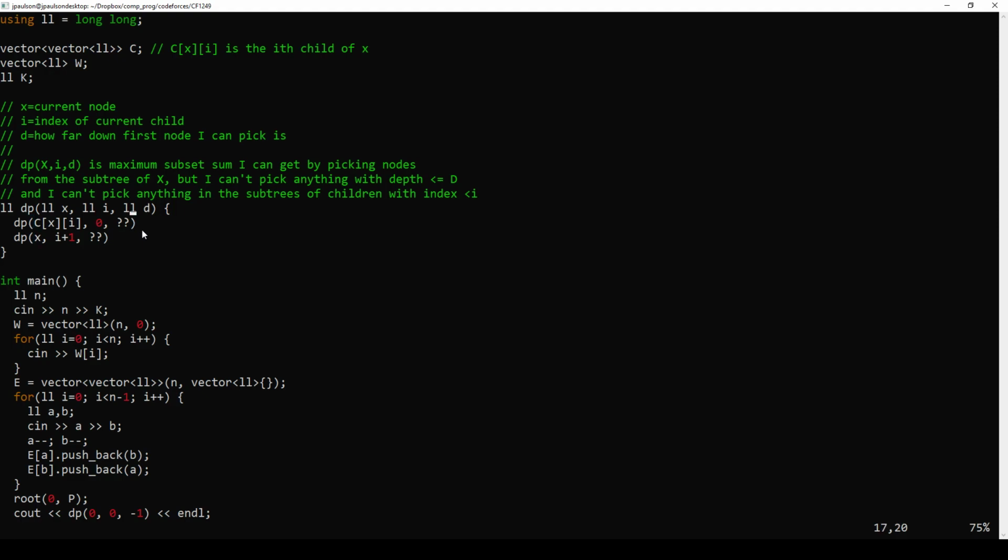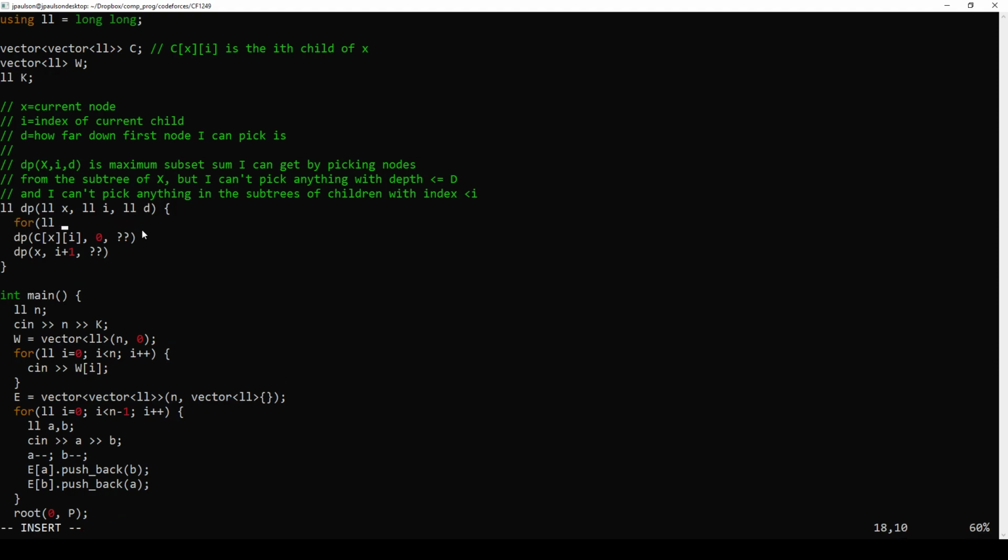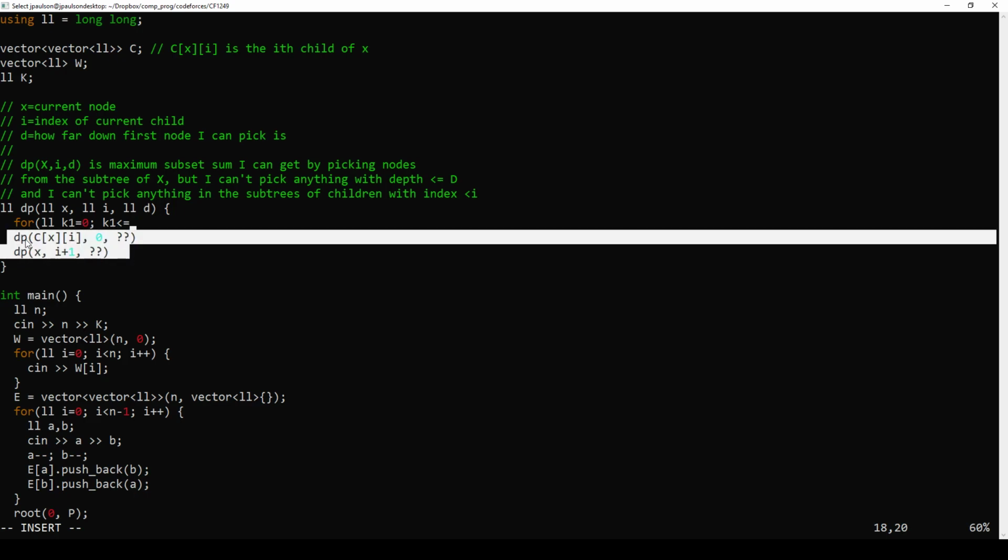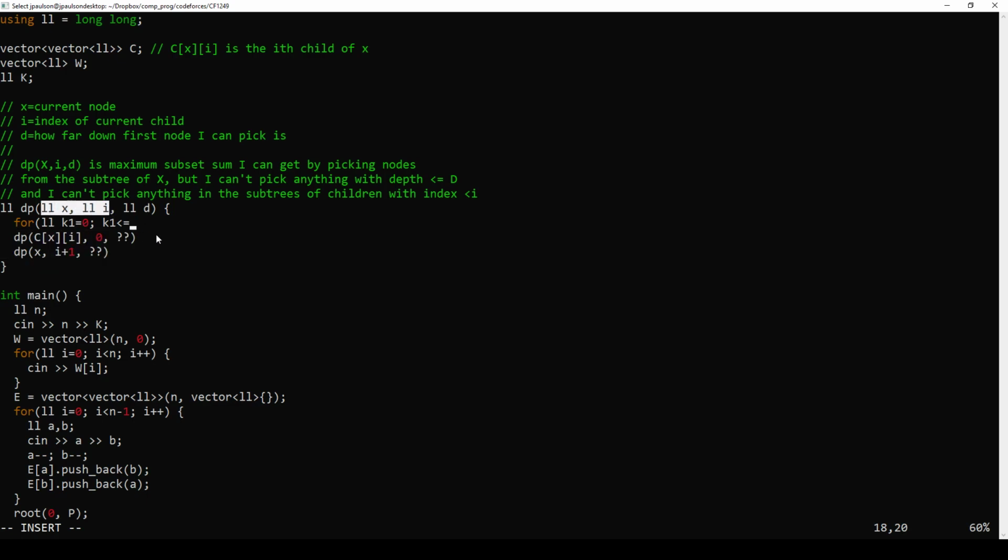So the basic idea is we're going to say, right, so these two subtrees partition this subtree, or this, anyway, subset of the tree.